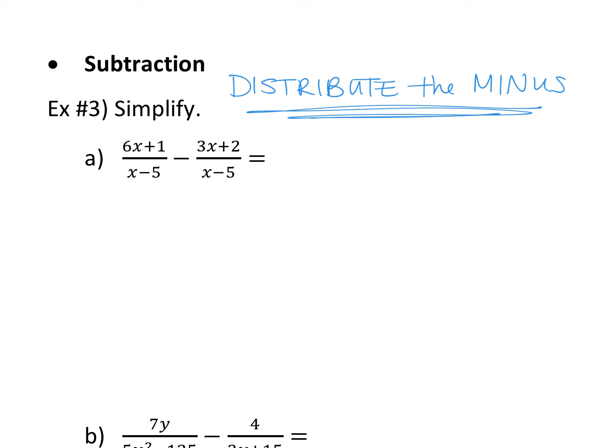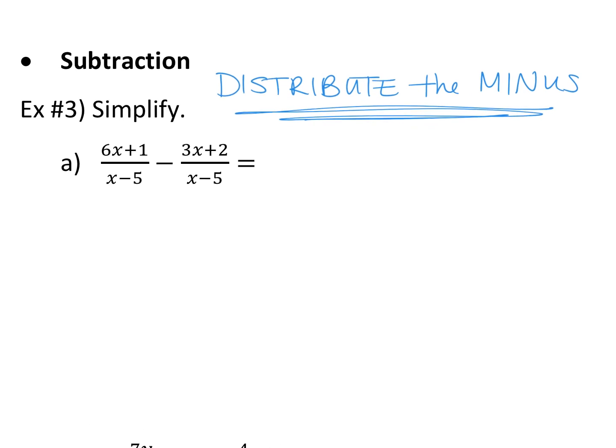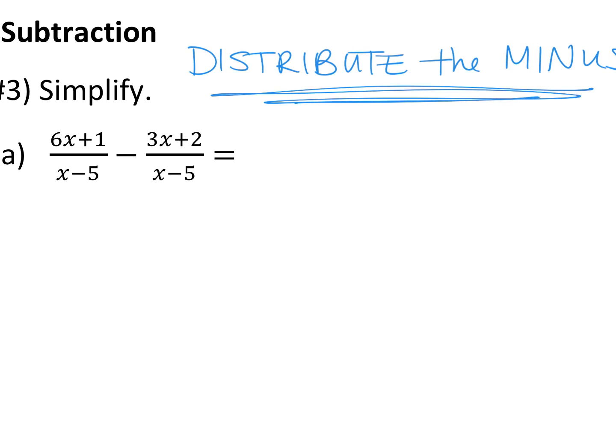So letter A here, what's the first thing you got to do? Distribute the minus. You have a common denominator already, right? So all you have to do is subtract. So we're going to think of this as 6x plus 1 minus 3x plus 2 all over x minus 5.